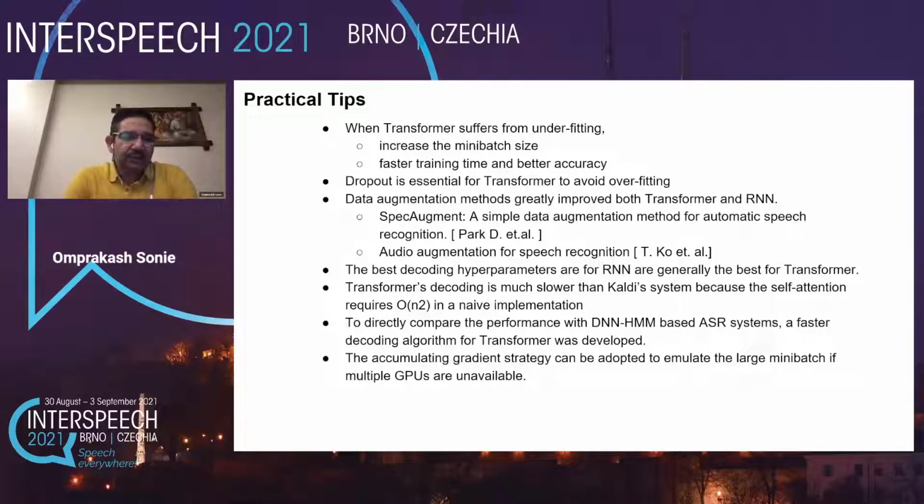Some of you may be aware of the HMM-DNN based Kaldi system, which has a faster decoding algorithm. And one of the other advantages was that if you don't have multiple GPUs, you can mimic them by accumulating the gradients. So these are the practical tips from this particular paper.